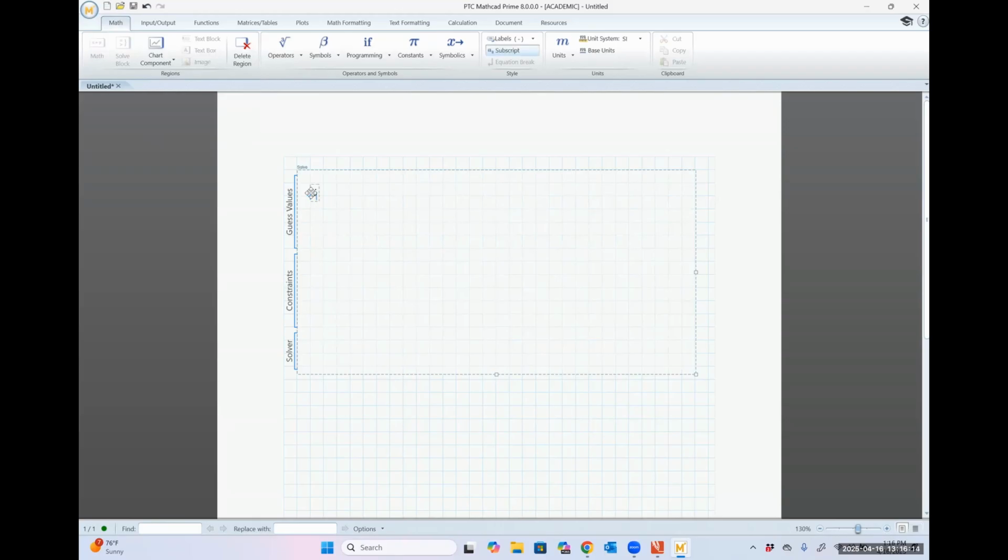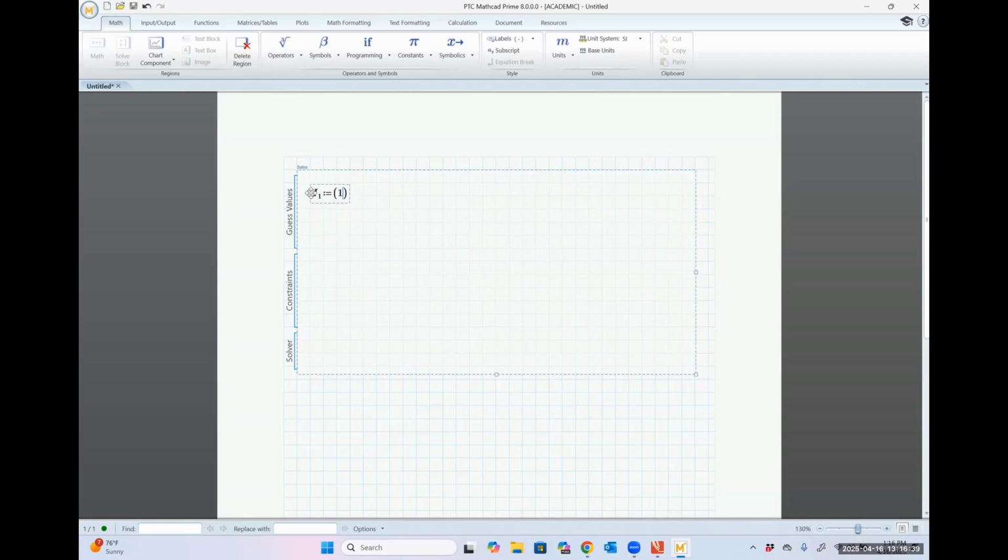I'm going to start with I1, and I'm going to use the shift colon equal sign. I usually tend to put just the number one as my guess values. Because I'm dealing with complex numbers, I don't think this is necessary; it's just the habit I've gotten into. I'm going to do 1 angle 0.